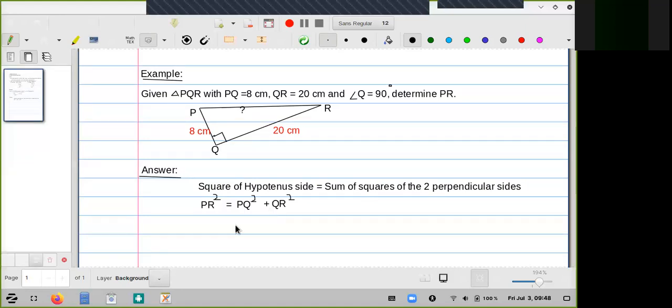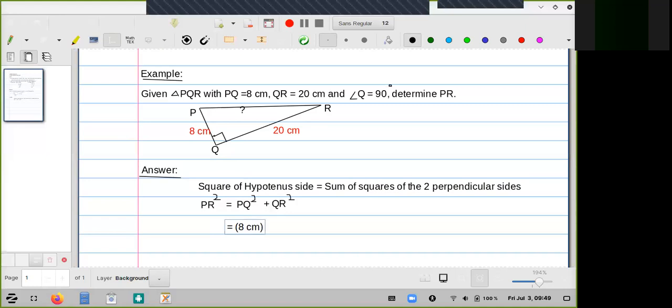Then from there, I will then substitute my sides. So the sides that are given, we are given PQ. So I'm going to substitute PQ, which is 8 centimeters. Right?